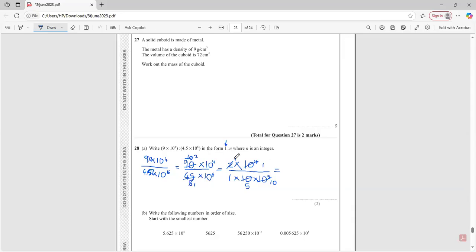Now in your numerator you now have 1 times 1, which is what? 1. That's what you wanted to achieve. And in your denominator you have 5 times 10, which is what? 50. Now, did you get what I just did back there? Yes.